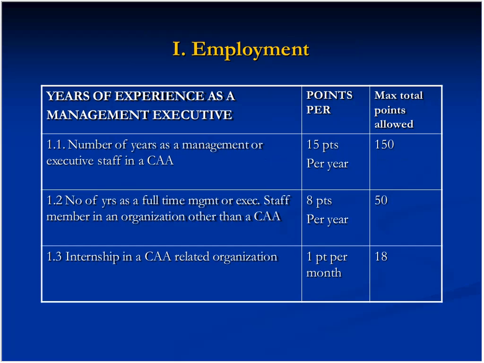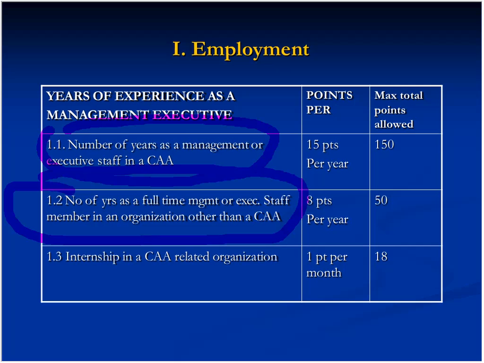The first section is documenting your years and experience of employment. And there are 3 areas in part 1 of the candidate data form. That is: number of years as a management or executive staff in a CAA; number of years as full-time management or executive staff member in an organization other than a CAA, Community Action Agency; or internship in a CAA-related organization.